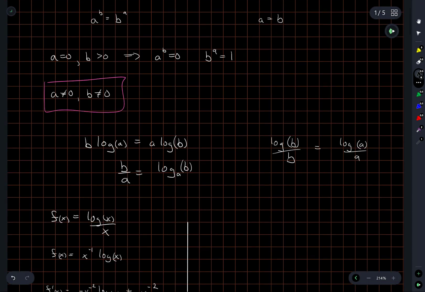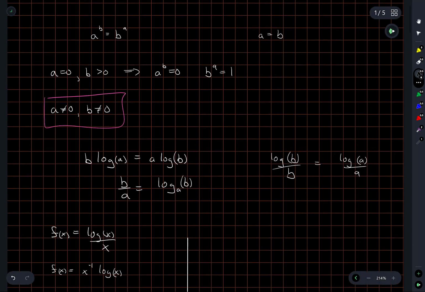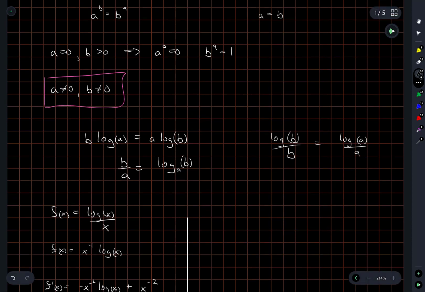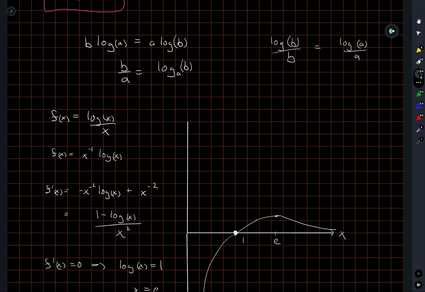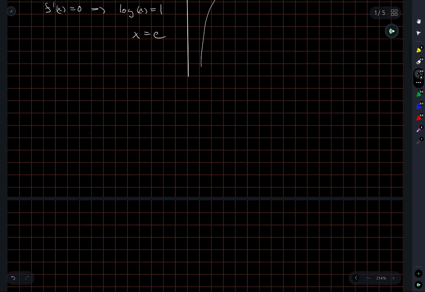I'm not sure. a to the b is equal to b to the a. If I know what a is and try to solve for b, let's think about it that way.